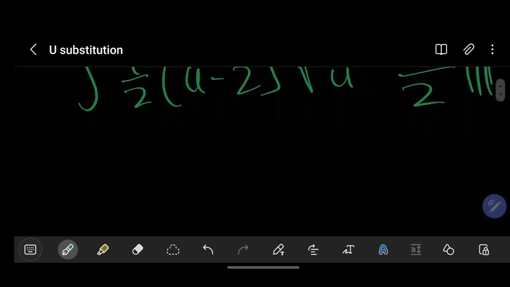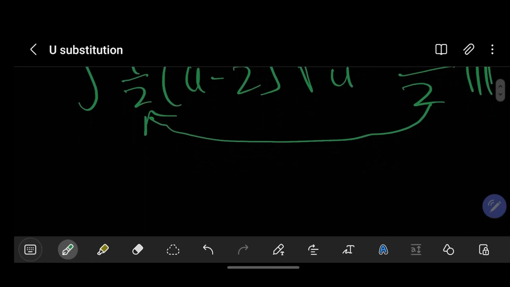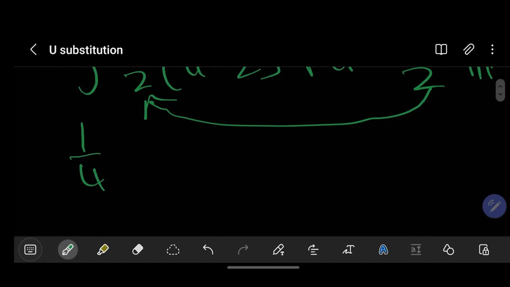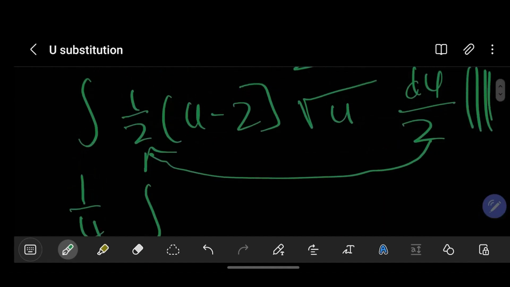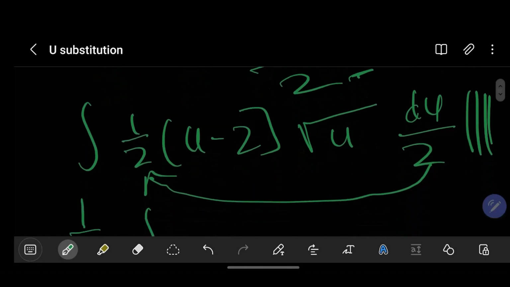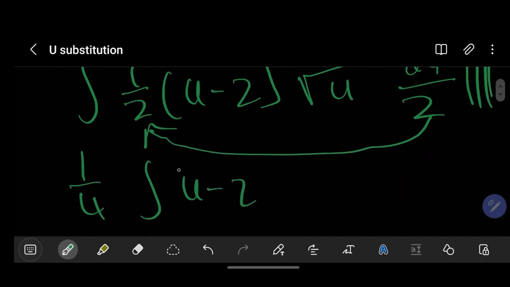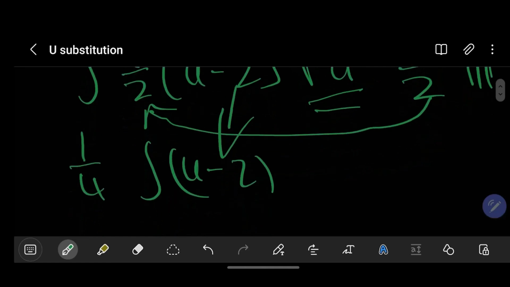So solving for this, we would be able to multiply this by that, and we would now get 1 by 4. A half multiplied by a half is 1 by 4. The integral of u minus 2 that we have from here, we can rewrite the square root of u as u to the half du.